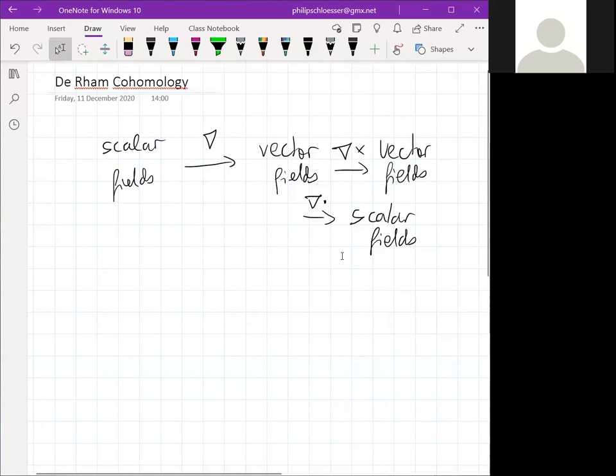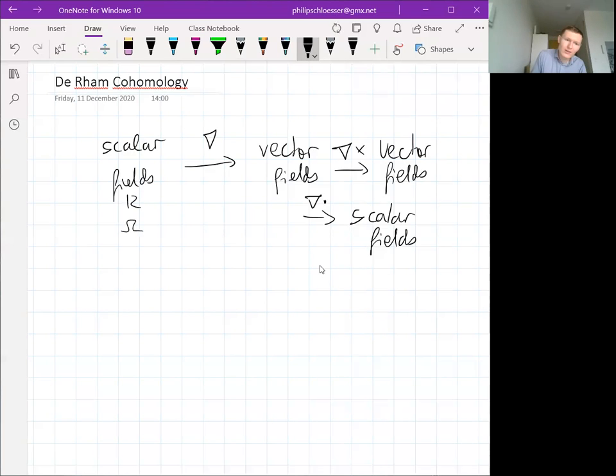This is one example of what we're going to talk about today, the de Rham complex, because this will turn out to be just the de Rham complex for R3.